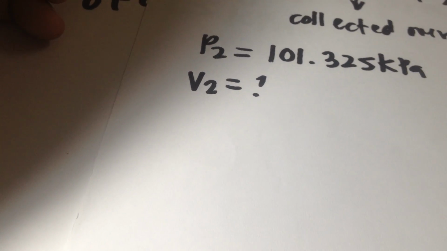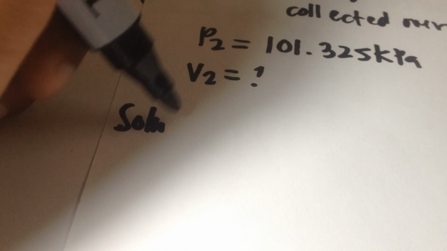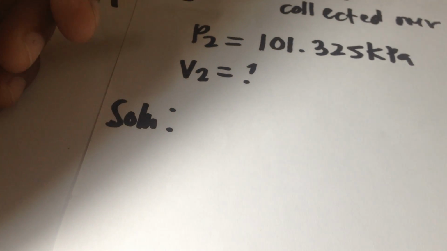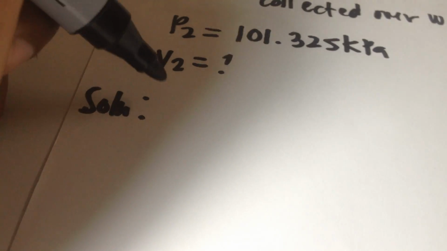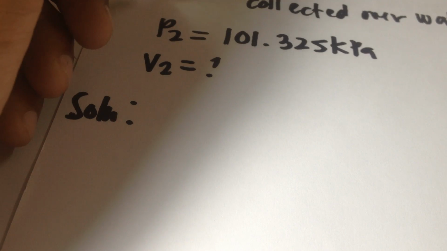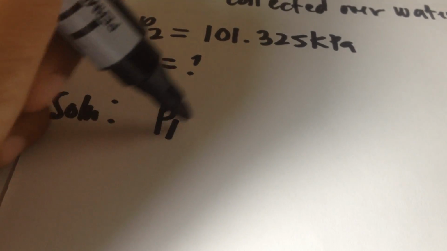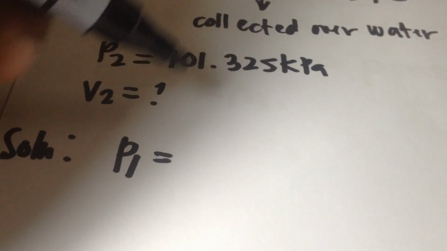So let's use Dalton's partial pressure as a solution here. First thing we need to do is use the vapor pressure of water in Dalton's law of partial pressure. So in pressure 1, we have 98.5 kilopascal.